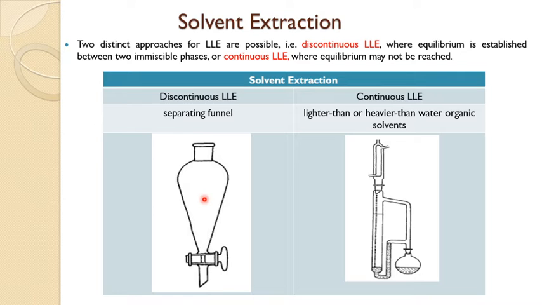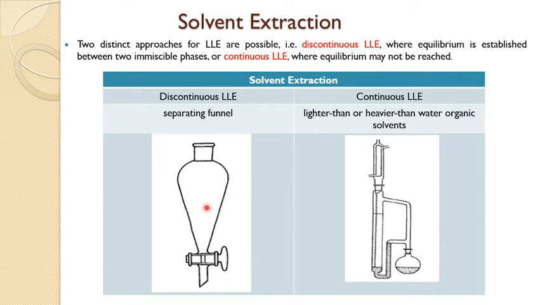How to use? You add the aqueous sample first, then the organic solvent, and you shake this separating funnel. You can see that the knob or cork is closed at the time of practice. After that, you shake the separating funnel for 5 minutes, and let it stand for 5 minutes without disturbing.